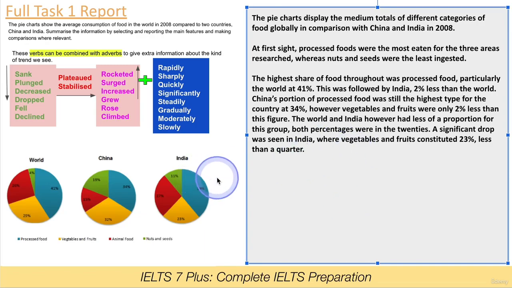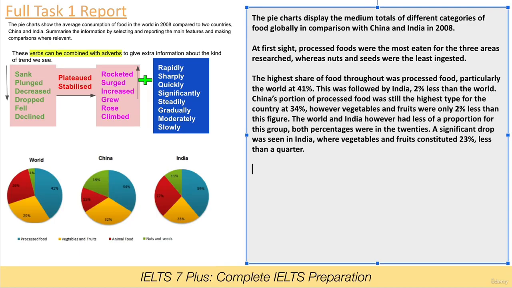However, vegetables and fruits were only 2% less than this figure. The world and India, however, had less of a proportion for this group. Both percentages were in the 20s. A significant drop was seen in India, where vegetables and fruits constituted 23%, less than a quarter. Okay, I think that's good.